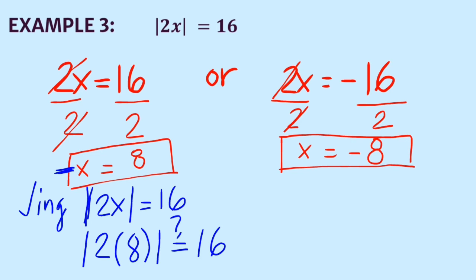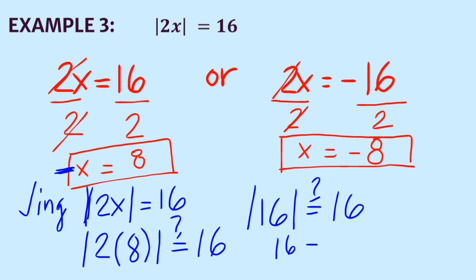What is 2 times 8? It is 16. So what is the absolute value of 16? It is 16. Now, equal or not? It is equal. So, one of our solutions is this 8 here.